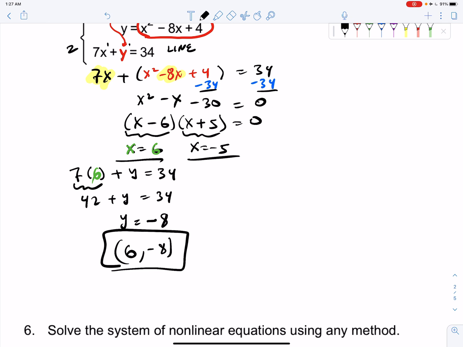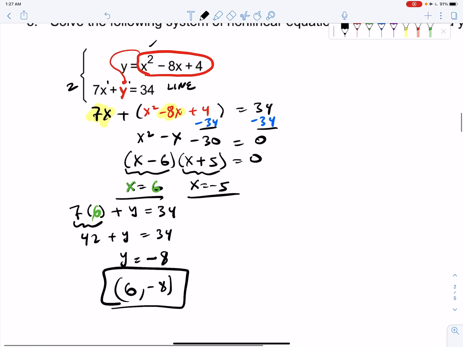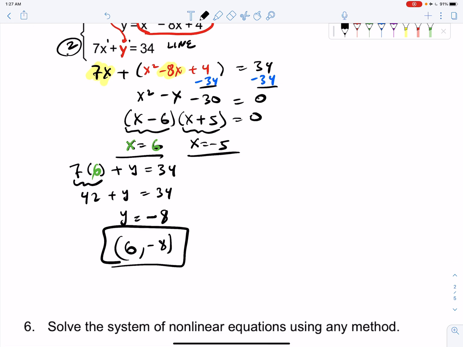Let's go ahead and figure out what happens here. I'm going to take that same second equation, number 2. You could take number 1, but remember, once again, if you get plus or minus, then you need to check for extraneous solutions. I'm going to take that same equation. 7 times x plus y equals 34. Now, what was x in this case?